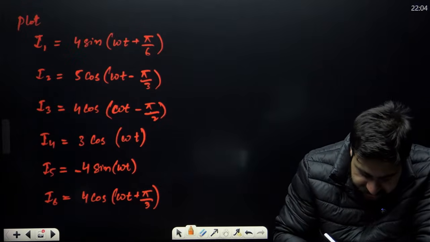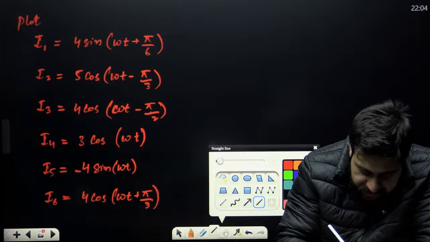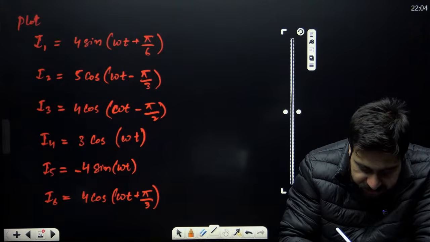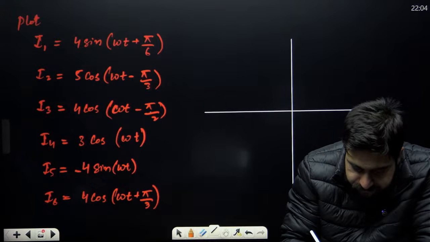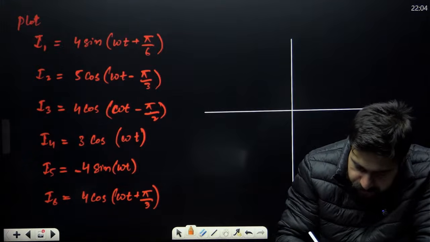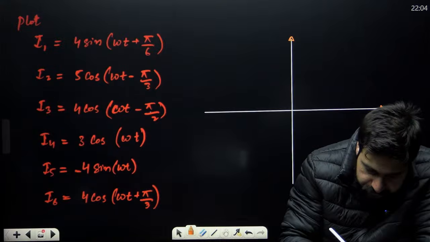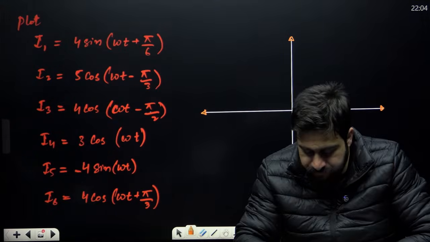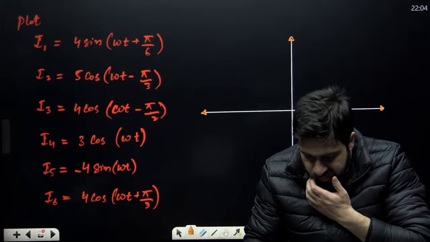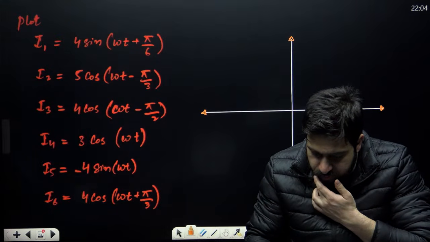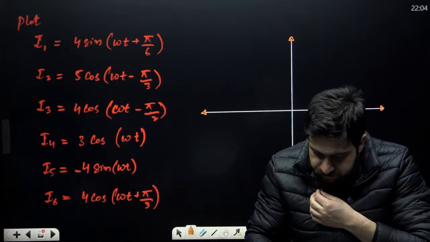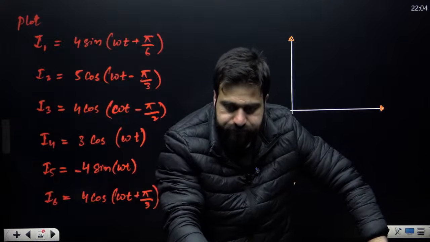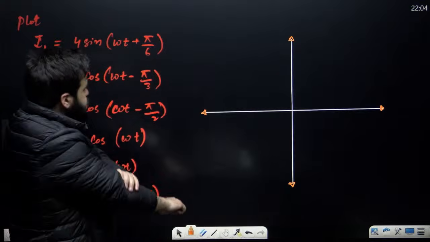Let's suppose you have these currents. You guys are supposed to plot these currents on the phasor diagram. Let me plot these currents on phasor diagram. Now guys, take a look.